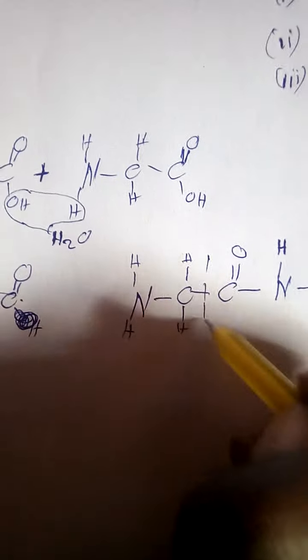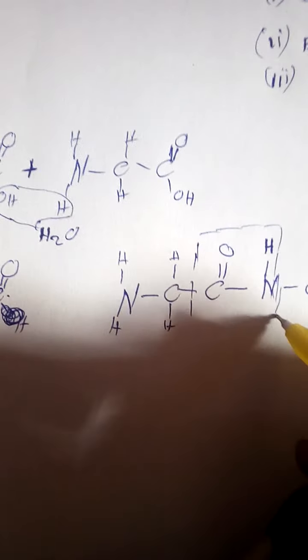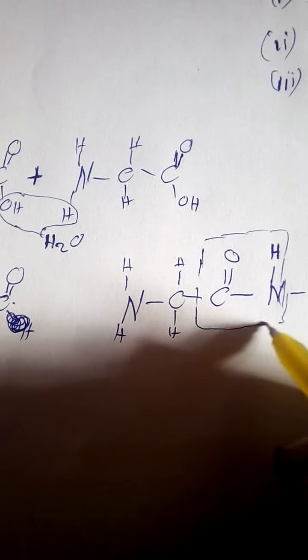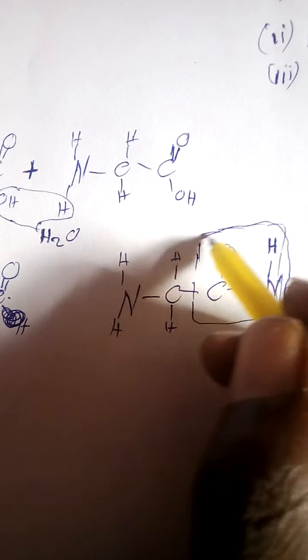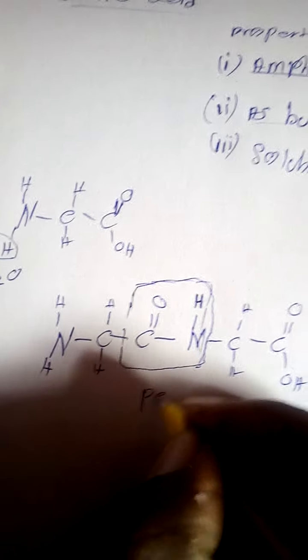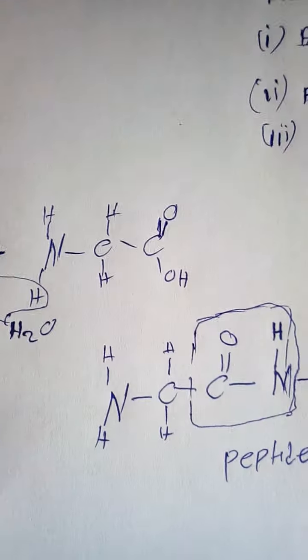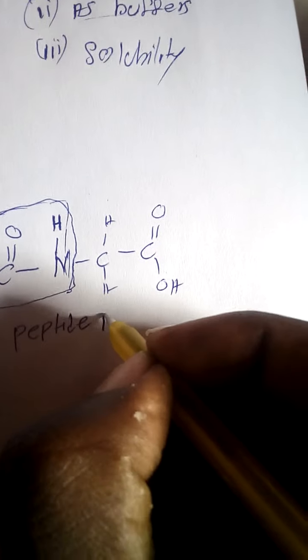This bond here, the bond which joins the two amino acids, is called a peptide bond. A peptide bond.